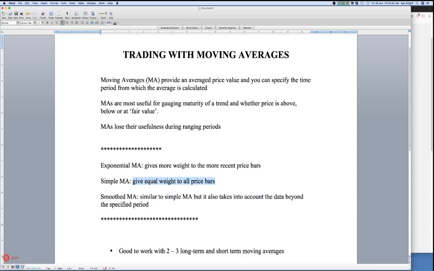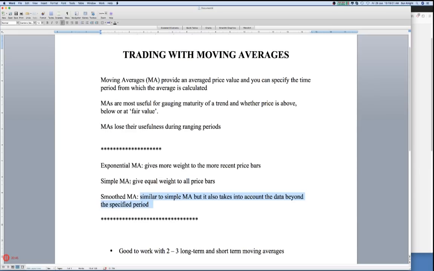And the smooth moving average is pretty much the same as the simple moving average, but it also takes into account the price data beyond the specified period, but to a lesser extent. So in a way, that is the most smooth.